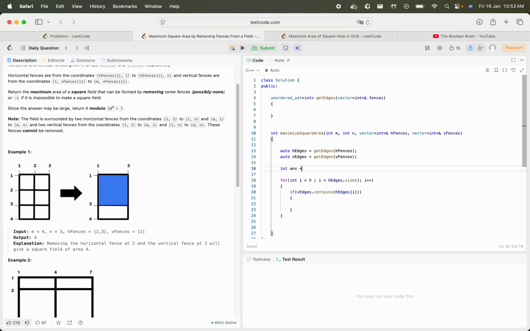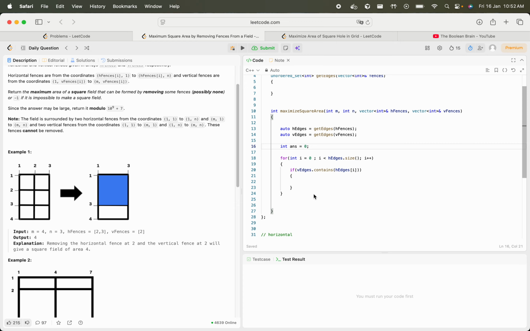So I'll declare a possible answer here, which is also going to be my return variable. I simply update this answer equals to maximum of answer comma the current element, isn't it?